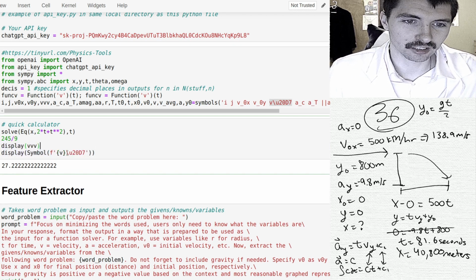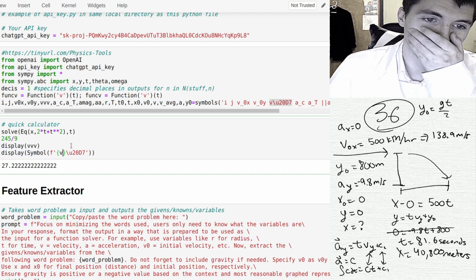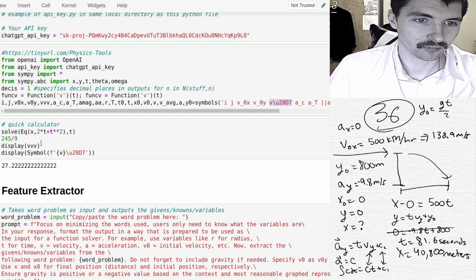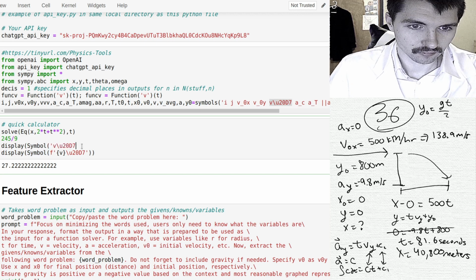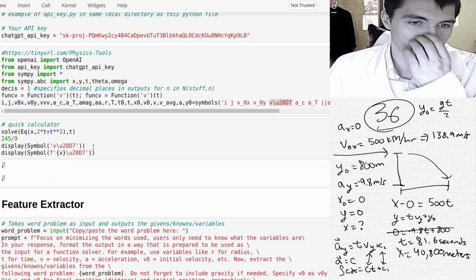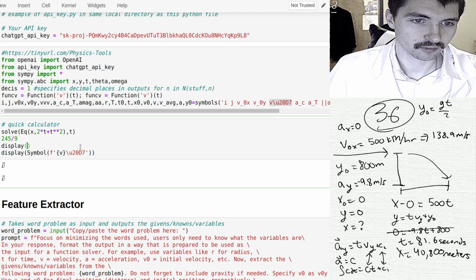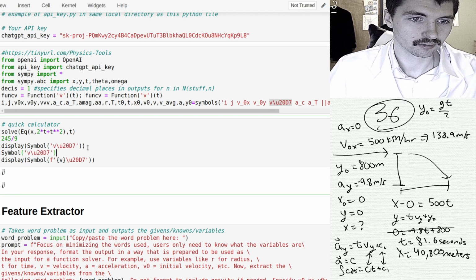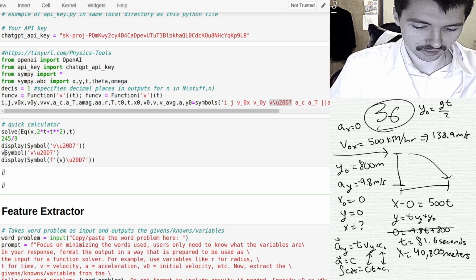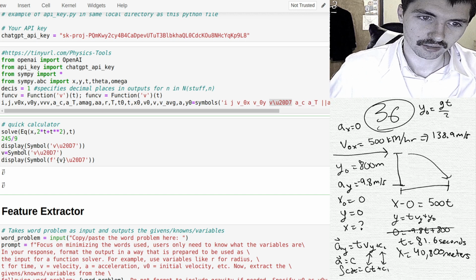Maybe I can make a little ticket with SymPy. So let's say, yeah, I might make a ticket on SymPy and see if I can.